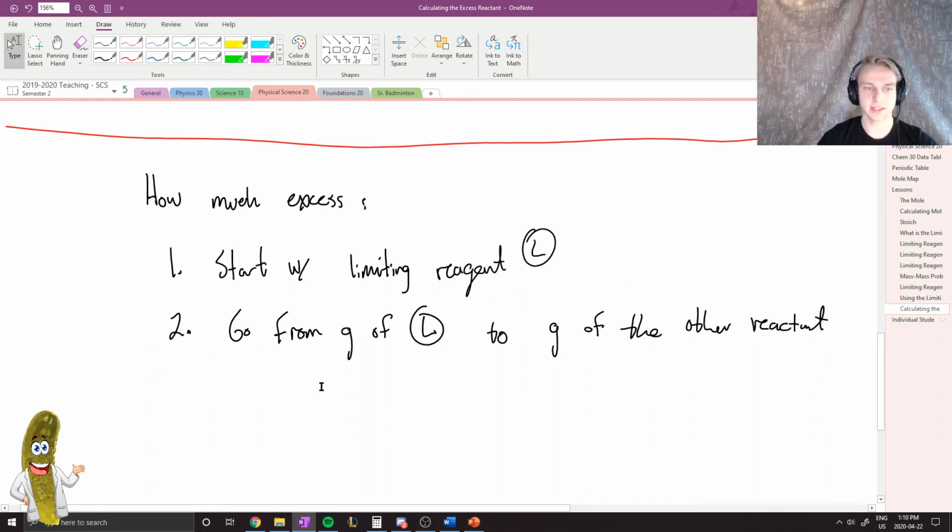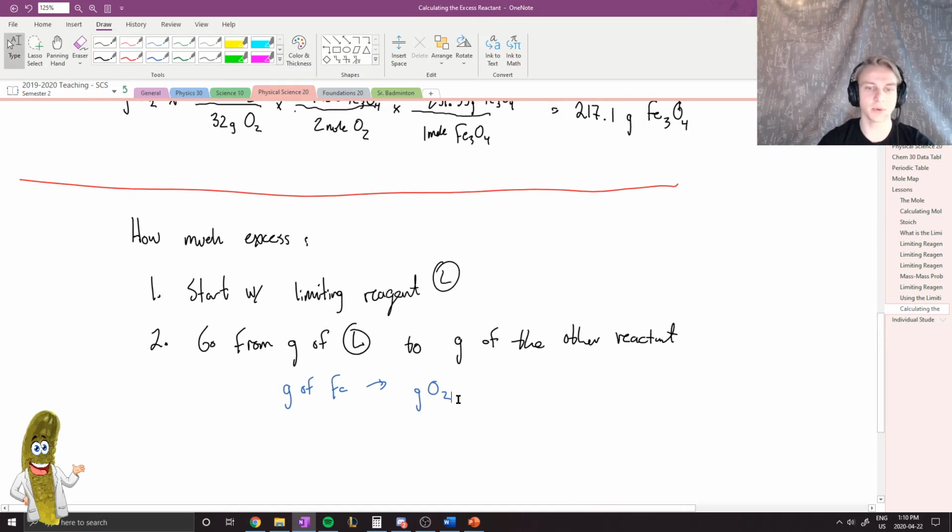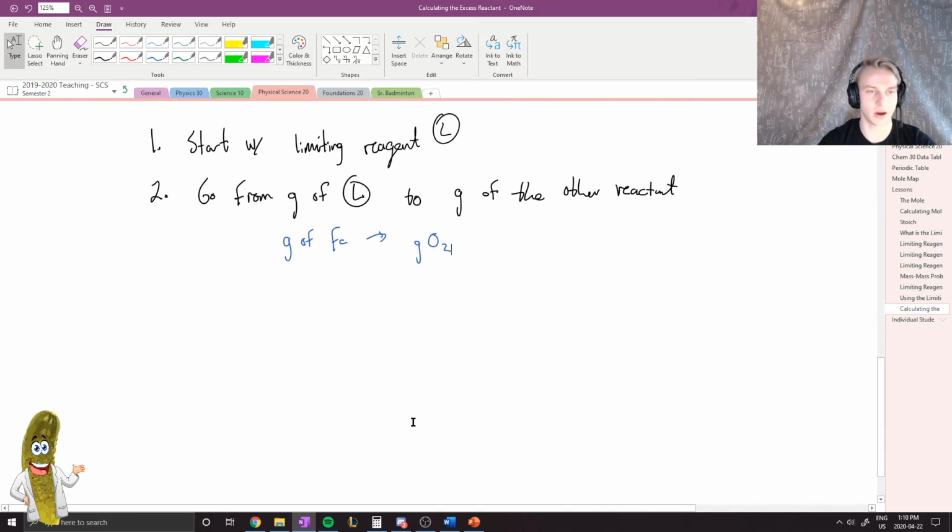So in this example, go from grams of Fe into grams of O2. And what that will tell us is how much of this oxygen is actually reacting.